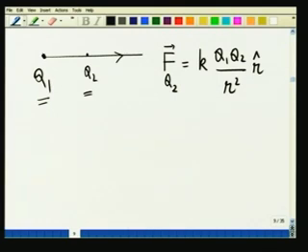I want to calculate the potential energy of Q2 in the field of Q1.